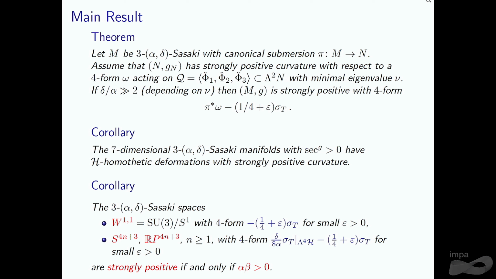So indeed, for the Wallach space, you get minus 1 over 4 epsilon sigma_tau for small epsilon, and for quaternionic spheres and for quaternionic real projective spaces, you can also do things, and then you see here the p star omega, basically in the first case, wasn't there, whereas you realize that here you get something, which is that contribution, and these are strongly positive even only if alpha times beta is strictly positive.